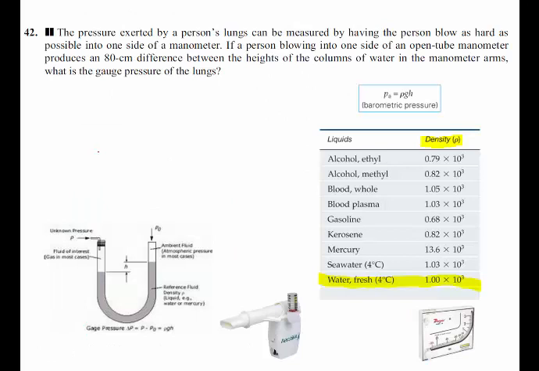For a person blowing into one side of an open tube manometer, so that's the difference, it produces an 80 centimeter difference between the heights of the columns of water in the manometer arms. What is the gauge pressure of the lungs?